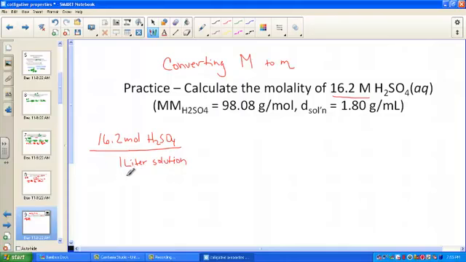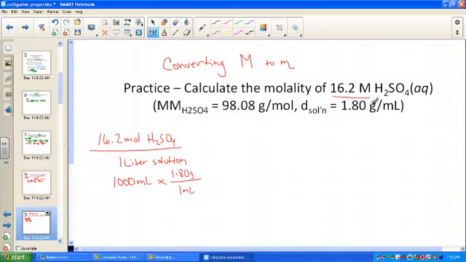What's the mass of a liter of solution? So let's consider if I have 1 liter, that's the same as saying 1,000 milliliters. I'm doing that because I see that my conversion here with density involves a milliliter, so I just want like units. Using that, I can see that if I had 1 milliliter, it would weigh 1.80 grams.